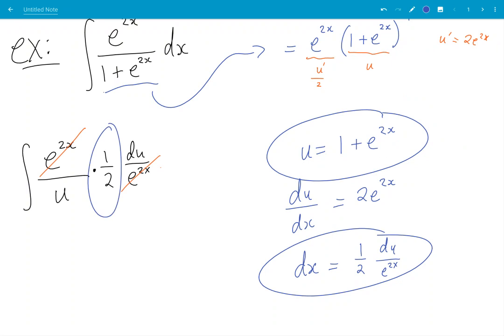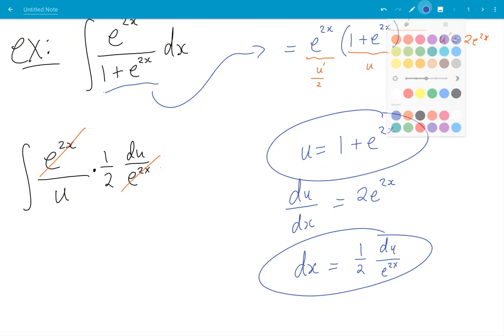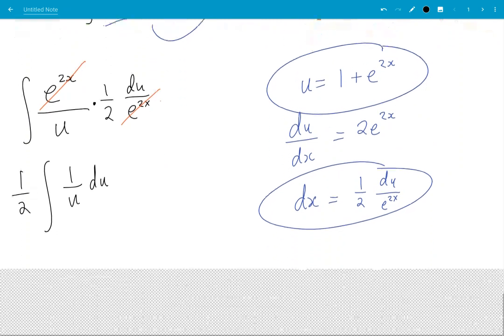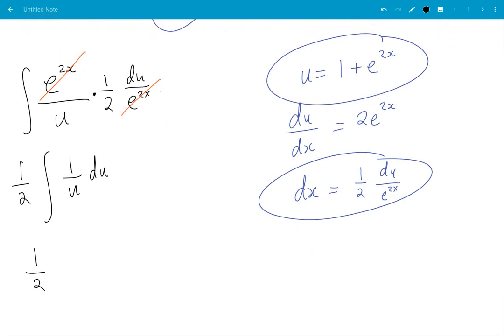I got this ugly half here, but not a big deal. So I get 1 over u du, which is my ln absolute value of u. Should be equal signs here.